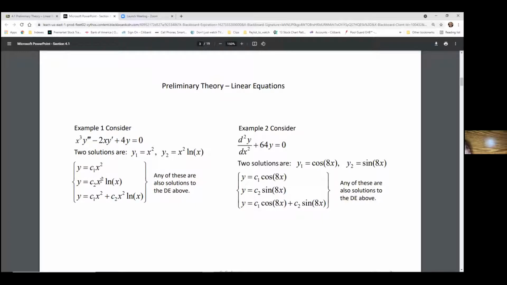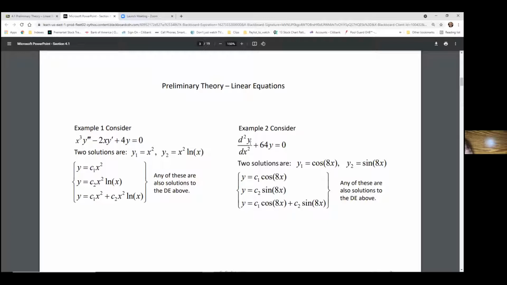C2 times x squared times the natural log of x is a solution. And C1 times x squared plus C2 times x squared natural log of x is a solution. So that's all we're saying, that if you have solutions to a differential equation, we're going to call these the fundamental solutions, that any linear combination is a solution, right?